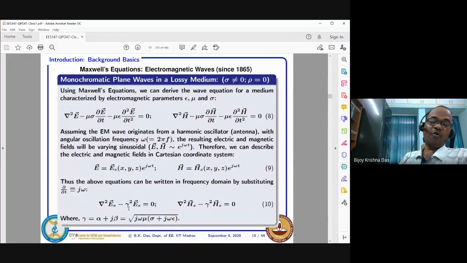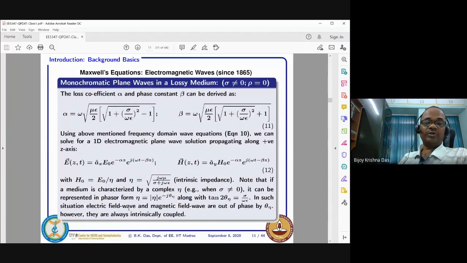Now, as before, you try to find a possible one-dimensional solution. Like before, you can consider the field as a plane wave. That means the field has variation only along z. For x dependence and y dependence, you can just assume that nothing is varying along the x direction and y direction.